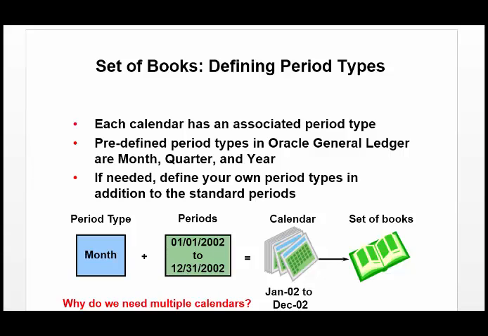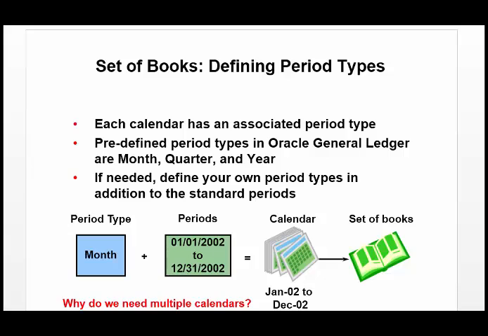So for example, for us, for TSU, the beginning of fall may be August 15th, the end of fall is December 15th, and the beginning of spring is January 17th, and so on. So both software allow you to define new periods for specific needs, because you have specific reporting needs.